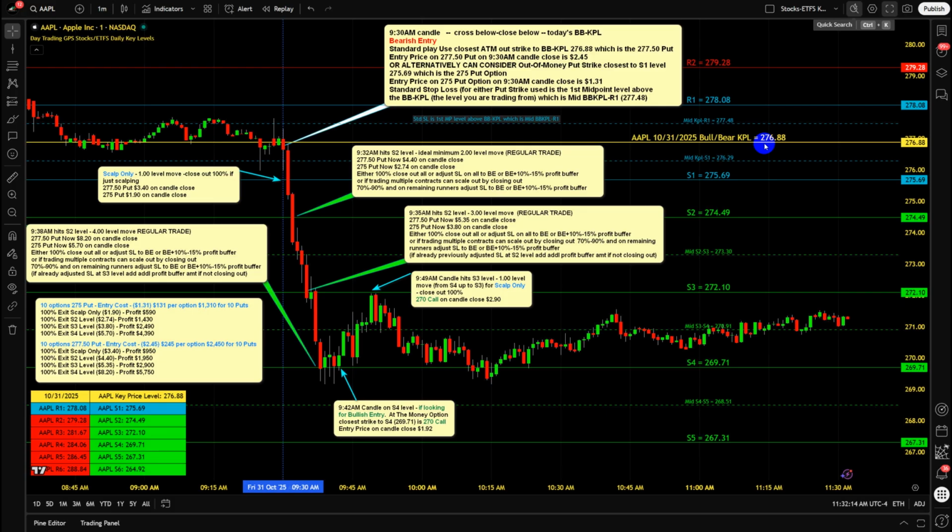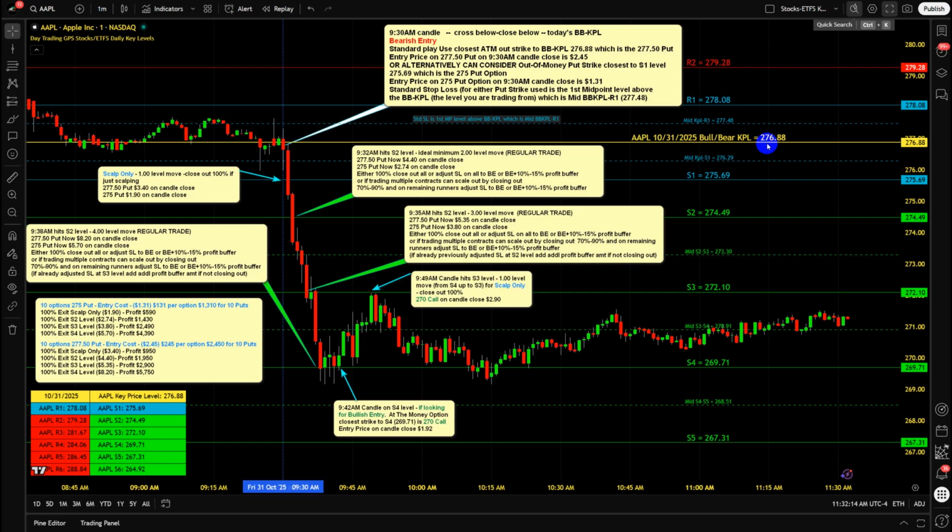There can be some odd strikes. So there are lots of variables to keep in mind. What you want is the strike price that is closest to this price. In this case, we'd be selecting a put because it's a bearish play. So if you look in the actual options chain, the closest strike to this is going to be the 277.50 put.